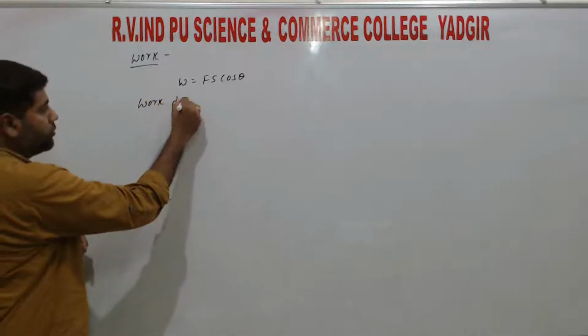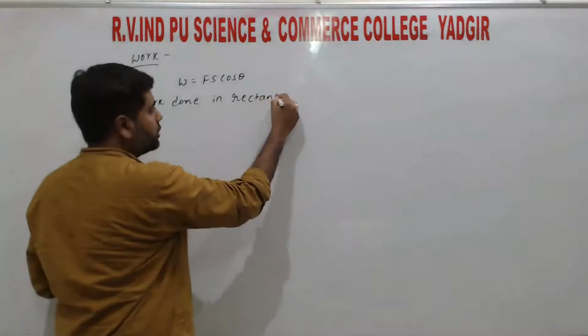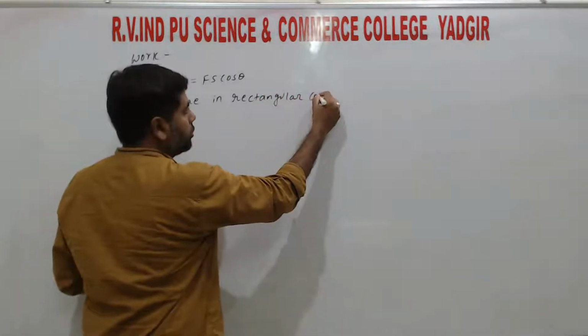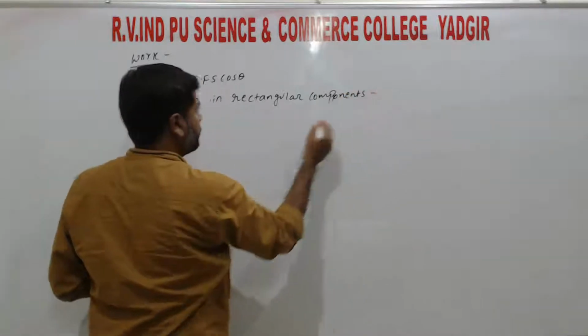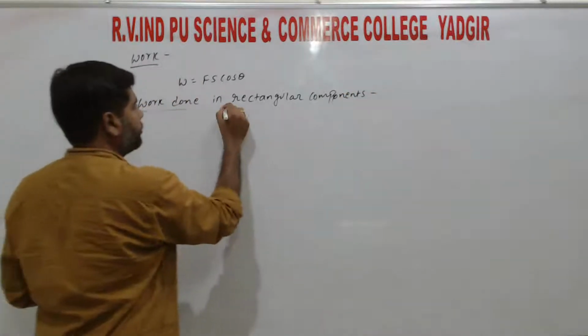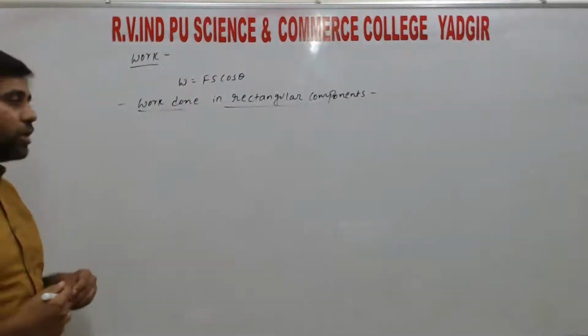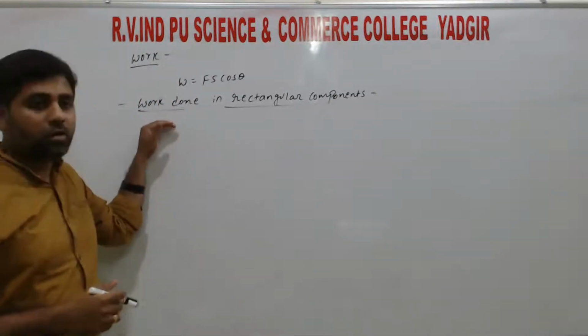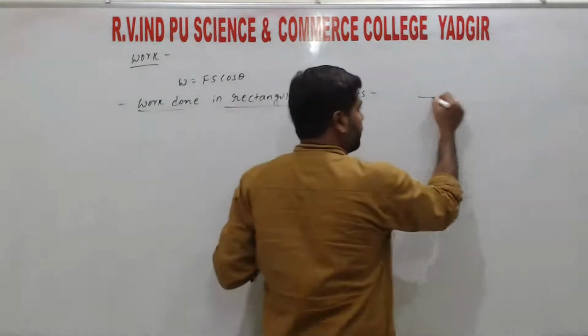Next, work done in rectangular components. Rectangular means in a coordinate system we are going to discuss the work done. In the last class we discussed only one direction.